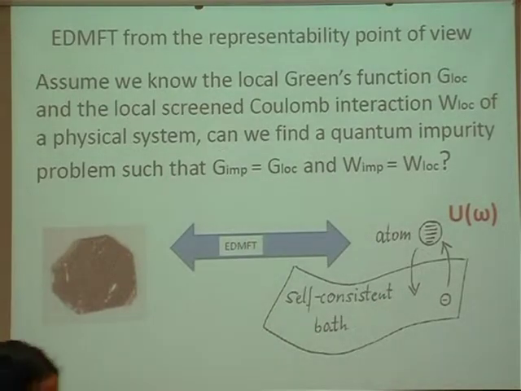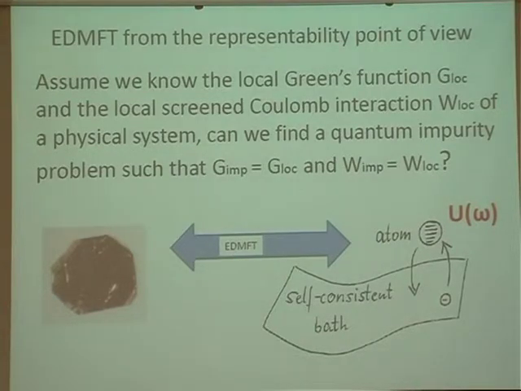Okay, then we were asking ourselves what the DMFT point of view on these functionals would be, and concluded that in this representability point of view, you can actually view DMFT as a way to construct an auxiliary system, and this time some effective atom that generates the local parts of the quantities you want.